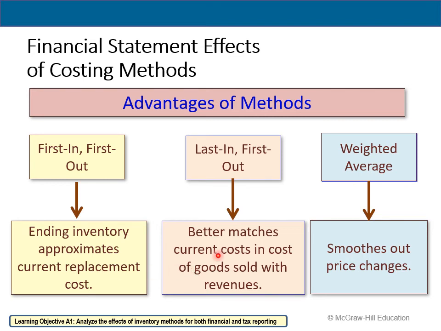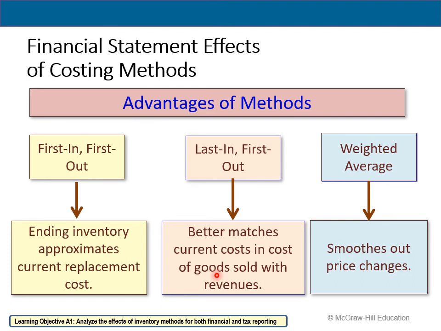And both of these hold true when prices change. When prices remain constant, there's really no difference between the two. So when prices have changed during the period, ending inventory approximates current replacement cost under FIFO, in other words the balance sheet inventory asset account is a better number.